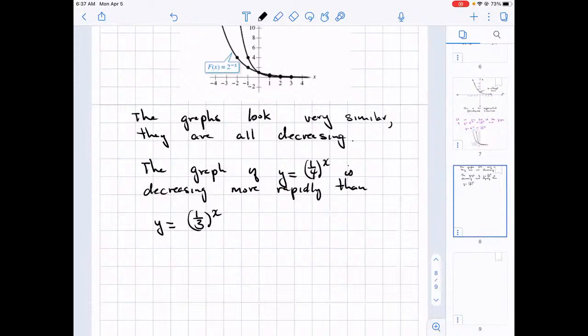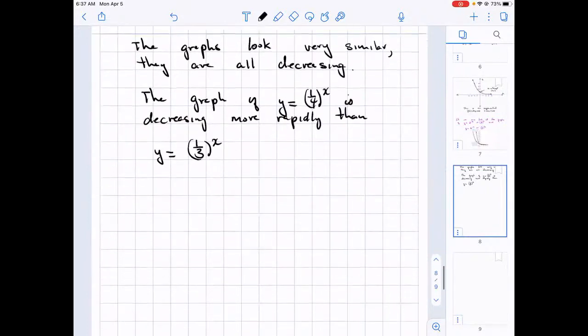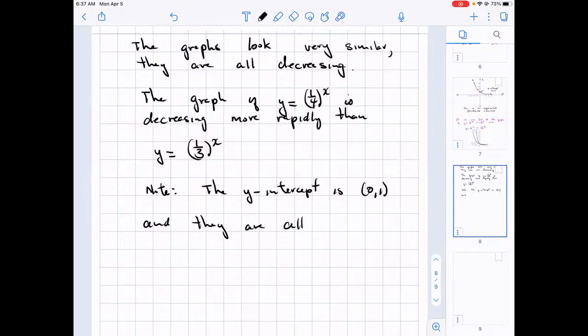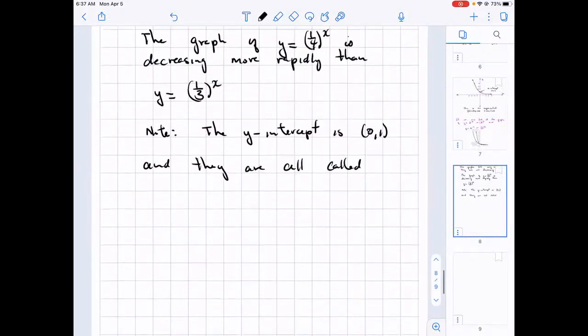Note the y-intercept is still 0, 1, and they are all called decaying functions. They're called decaying because they decrease as you travel from left to right.